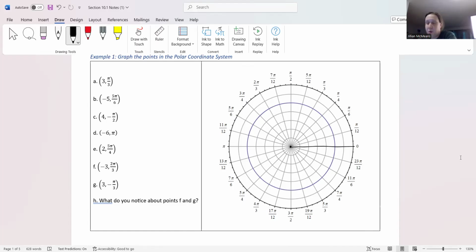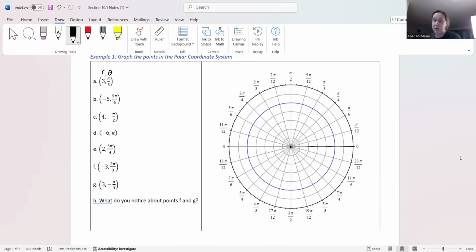So for this first point, we have (3, pi over 3). The angle that we need is pi over 3, and the distance along the terminal side of this angle is 3. And since this is positive 3, we really are going along the terminal side of this angle. So what do we do? Well, we measure the angle from the polar axis. If the angle is positive, we open in the counterclockwise direction.